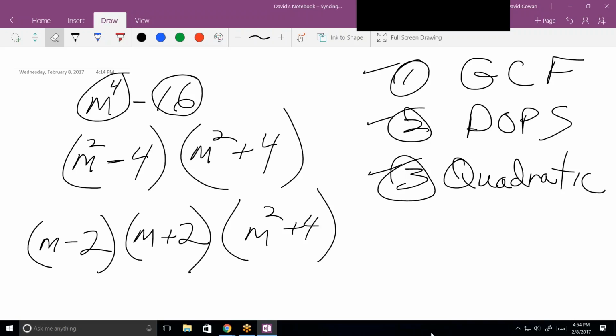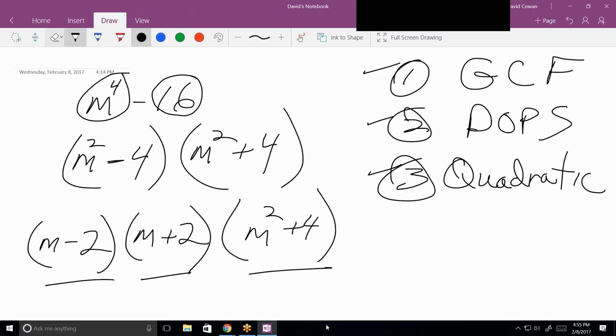Odd ones do. In other words, m to the 5th would, m to the 7th would, and so on. But difference of perfect squares only applies to the difference of perfect squares, not the sum. So we can't do anything with that, but we've got it down to its 3 major factors.